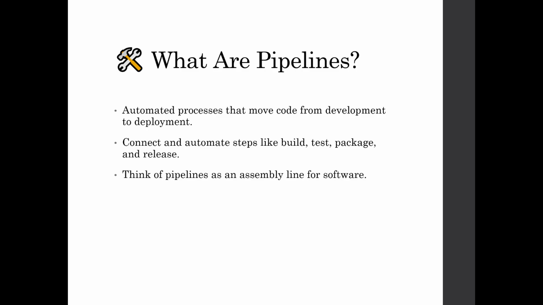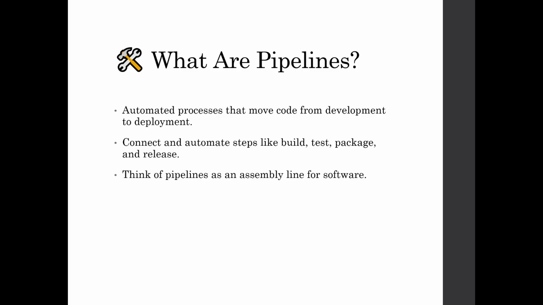A pipeline is an automated workflow that takes your code from development all the way to deployment. So that's working through a lot of these testing steps that we've talked about. It automates steps like building and testing and packaging and making sure our packages are up to date, and then into release, whatever that looks like.